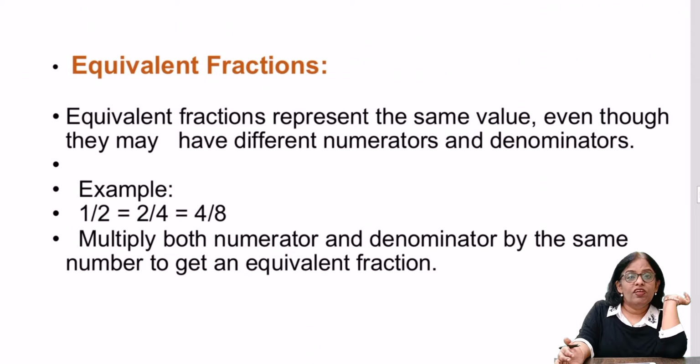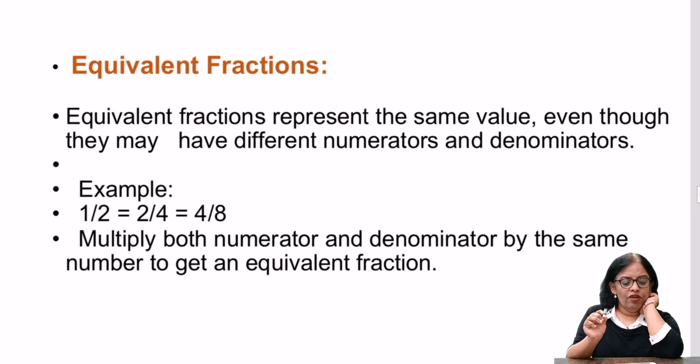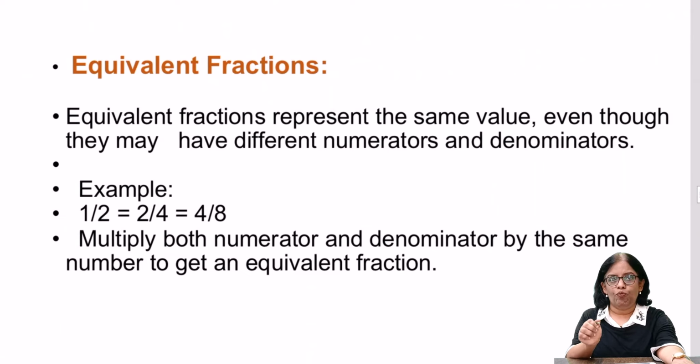Equivalent fractions represent the same value, meaning their numerator and denominator may be different, but if you reduce them the answer will be the same. By example you will immediately understand what it is. So equivalent fractions represent the same value even though they may have different numerators and denominators. For example, 1 upon 2 and 2 upon 4. See, 1 upon 2 and 2 upon 4 means what? 2 upon 4 you can reduce by 2.